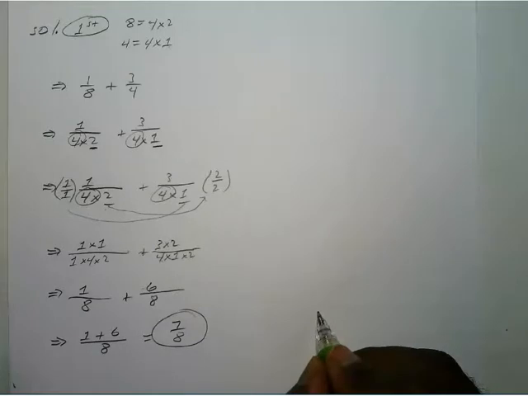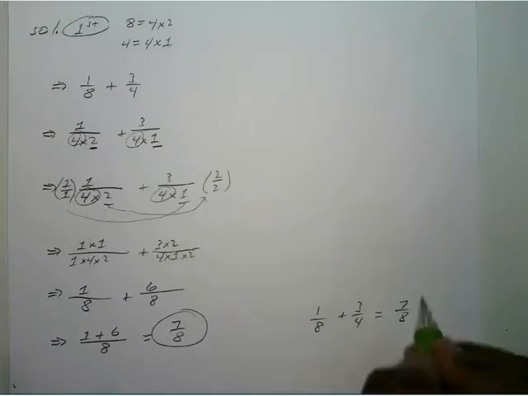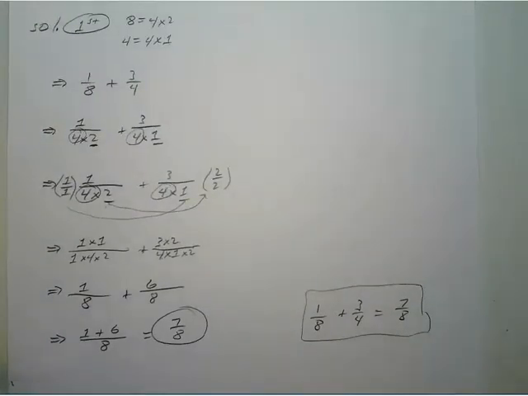So that lets us know that 1/8 plus 3/4 is 7/8. Okay, and why is that? Because 1/8 is, of course, equivalent to 1/8, and 3/4 is equivalent to 6/8.